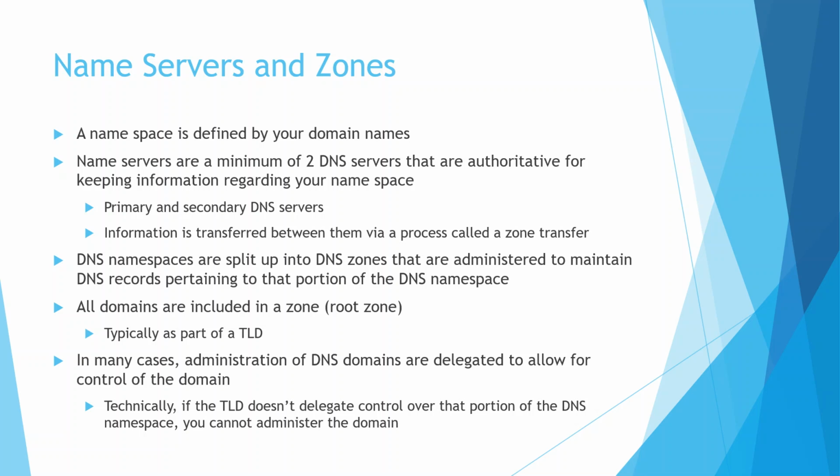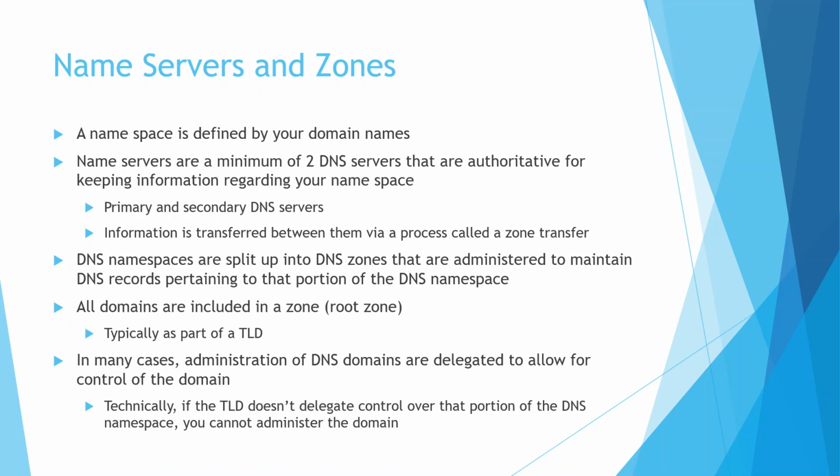And so we have the primary servers and the secondary servers, and the information is going to be transferred from the primary to the secondary in what we call a zone transfer. Basically it's going to help us keep information consistent and updated between the primary and secondary servers.